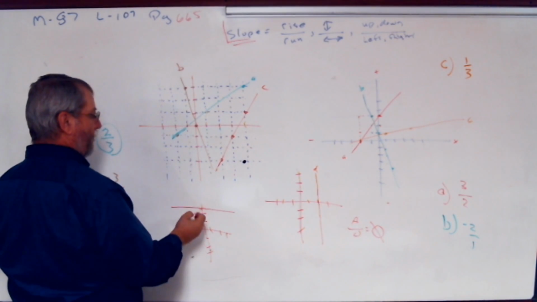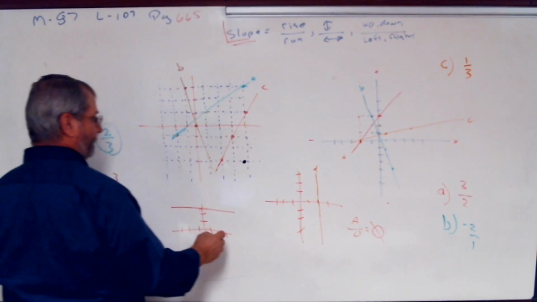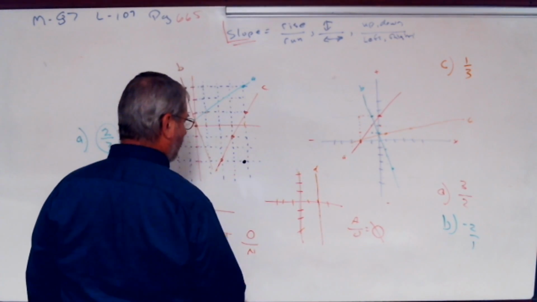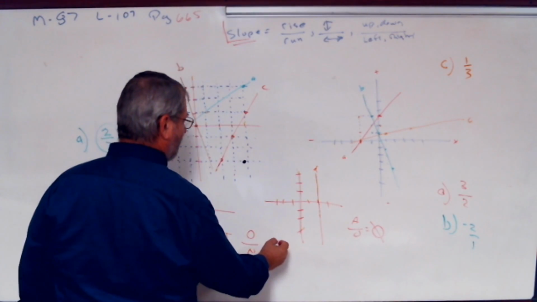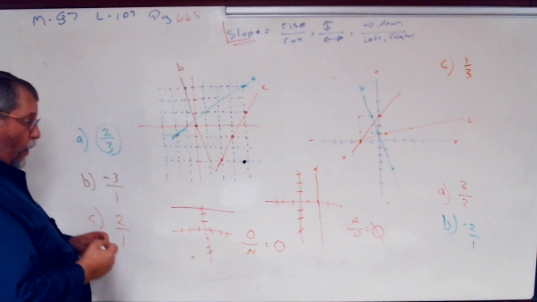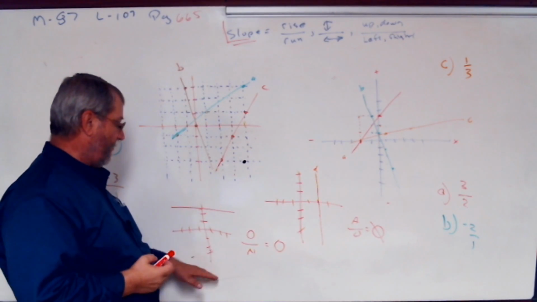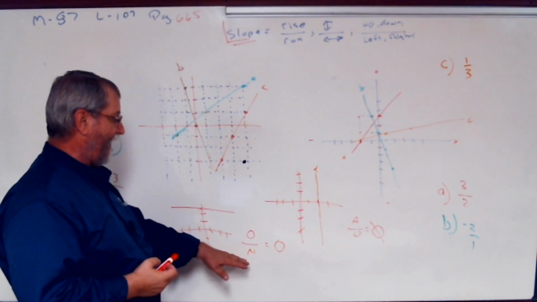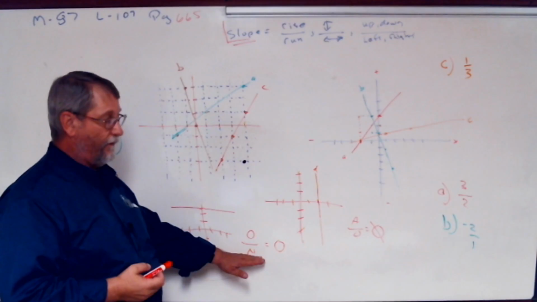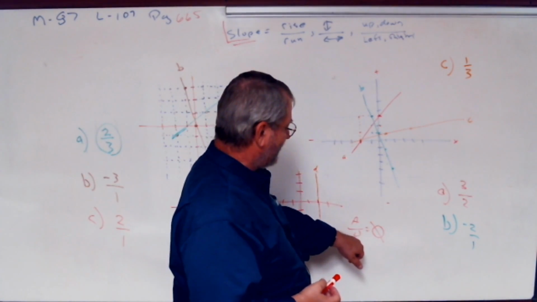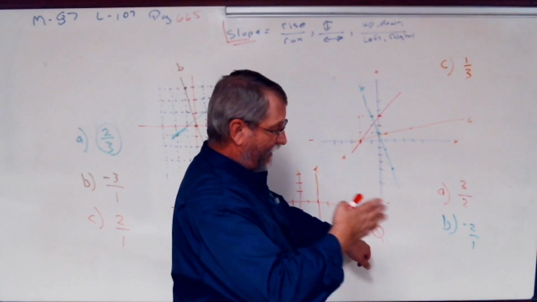It has no up or down, but it has some number for the left-right. That is a slope of 0. That's a 0 slope. It's okay to have 0 on the top of the fraction. There's no rise or run, and it's anything down here.